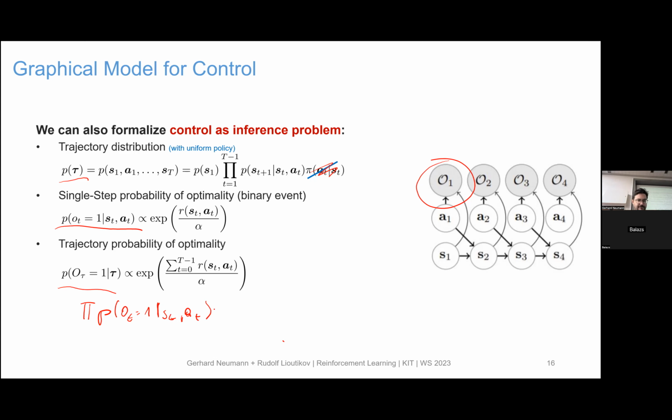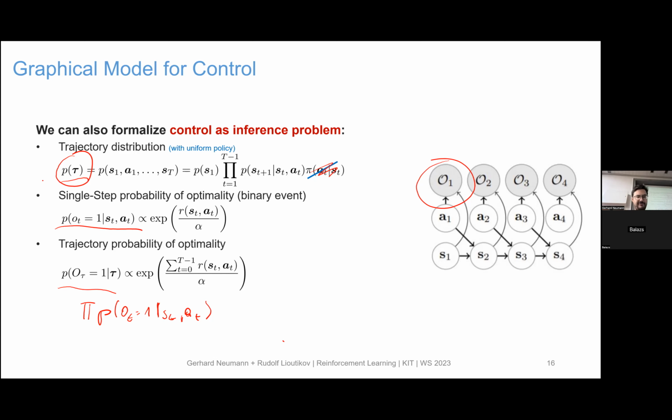So I have now basically a distribution for the trajectories, a prior distribution because I use a prior policy, the uniform one.